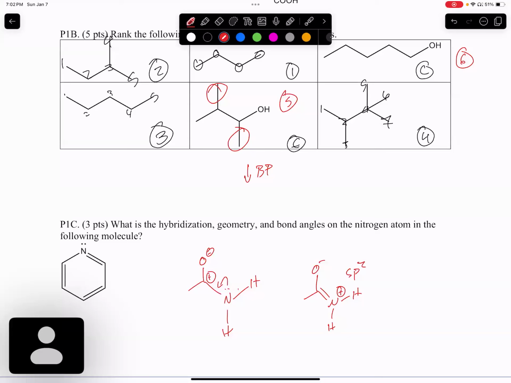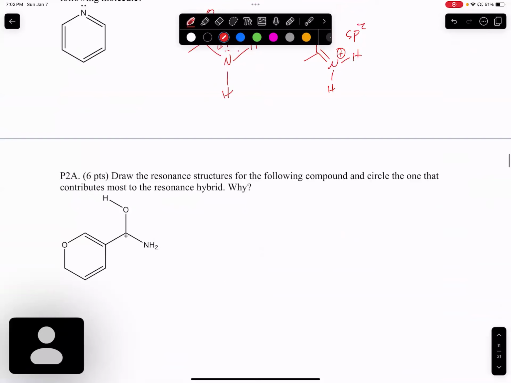Do I have to go over naming, or will you guys understand naming? Are you talking about like when they ask what is the IUPAC? Yeah, International Union of Pure and Applied Chemistry. Where to start counting. Okay.